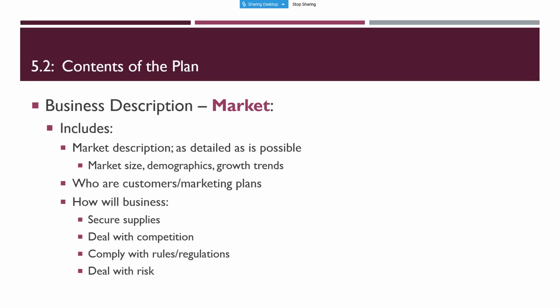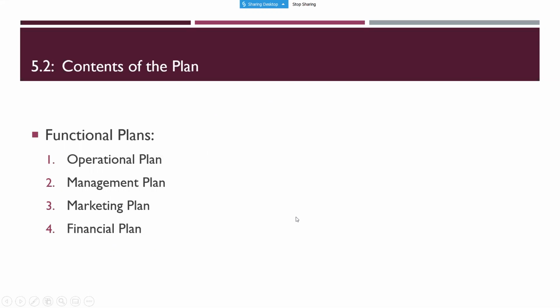And how are you going to deal with any market risk? Yeah, this year's been all about market risk for some businesses, especially your indoor dining institutions and bars and gaming parlors. It's been a bad year for them. So some more of the plans that are contained within the basic plan itself, the business plan.